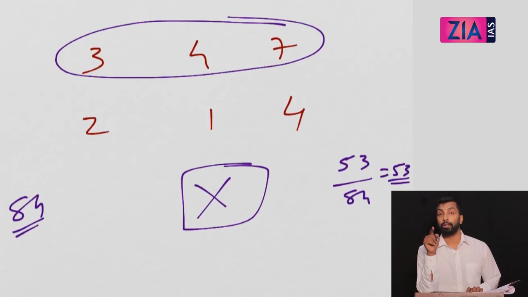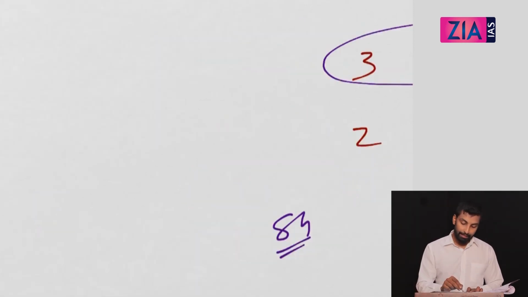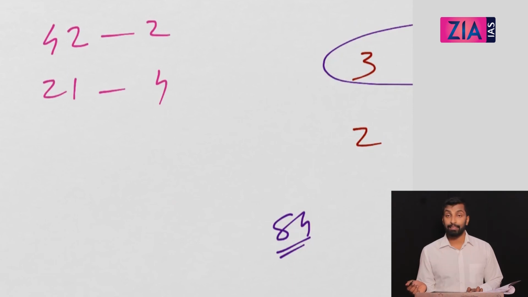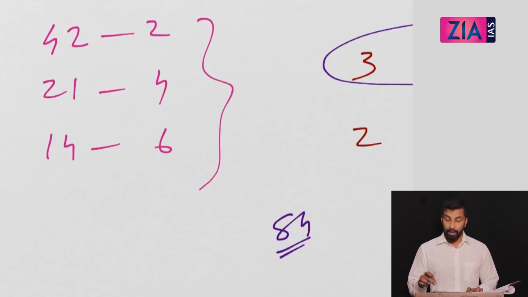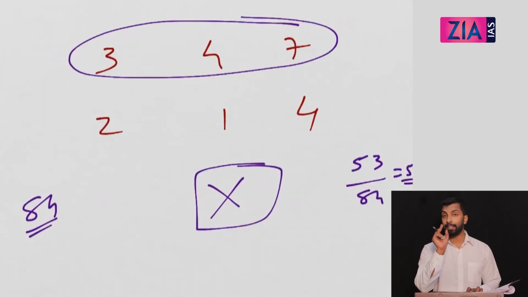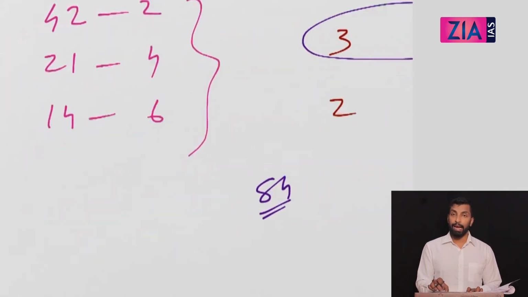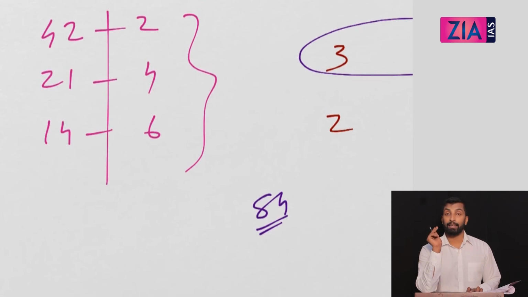Or what you need to do is check whether the given divisor is a factor of 84. What are the factors? It can be 42, that means 2 also. It can be 21, 4. Then what else? 14 and 6, right? So 14, 6, etc. If it is a factor of 84, then you can divide, because factors of the common difference will also give you the same remainder.